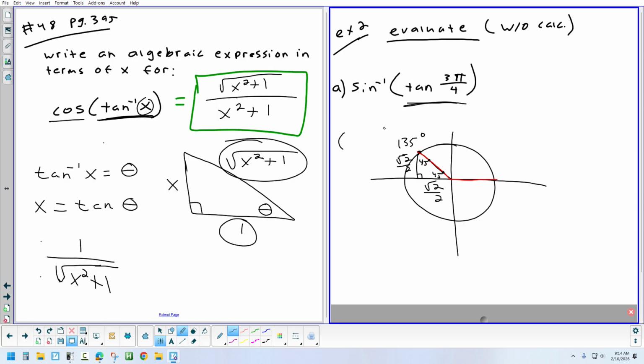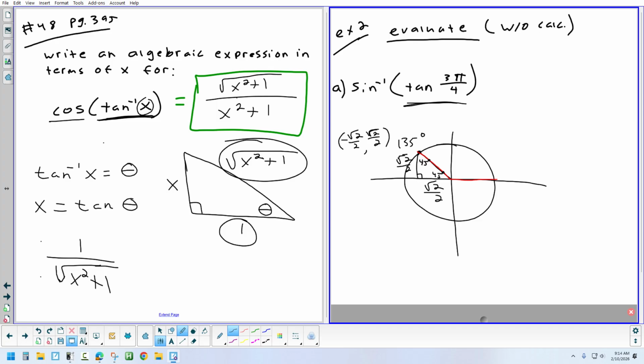What is the coordinate for 135 degrees? Yep. Good. Negative root 2 over 2, root 2 over 2.